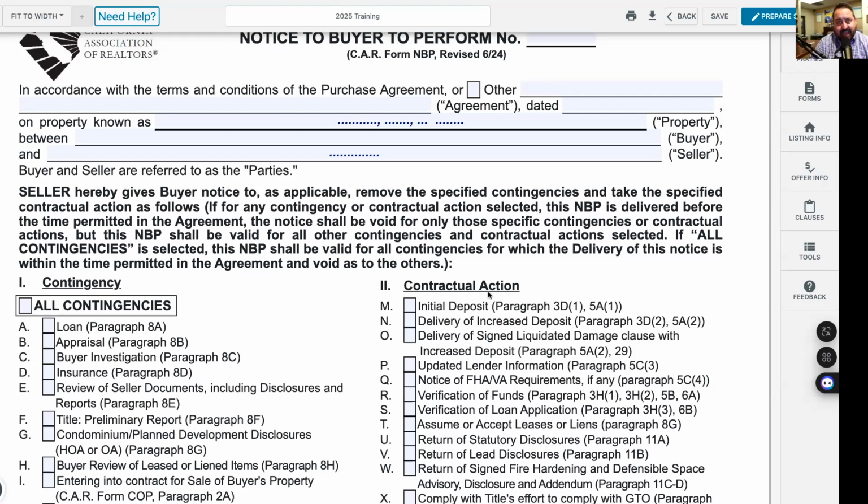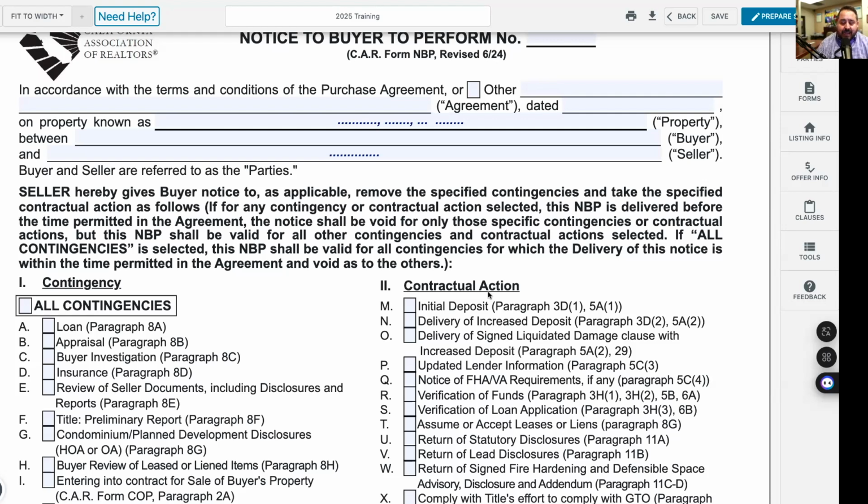If that is the case, then yes, in order for you to move on with another buyer, if you wanted to, you would have to send a notice to perform to them first, notice to buyer to perform, and then if they didn't perform based on the time periods of that NBP, then you would have the option to cancel if you chose to.